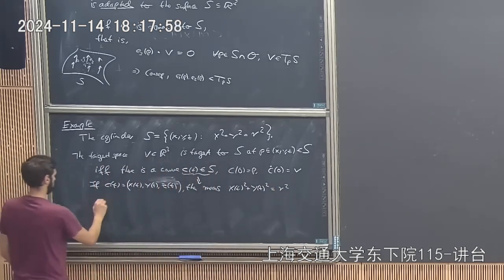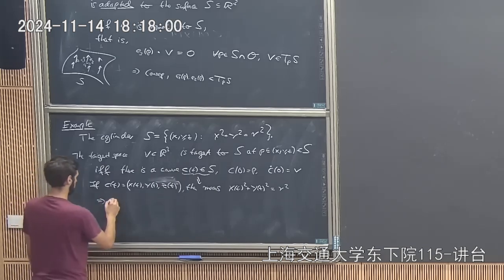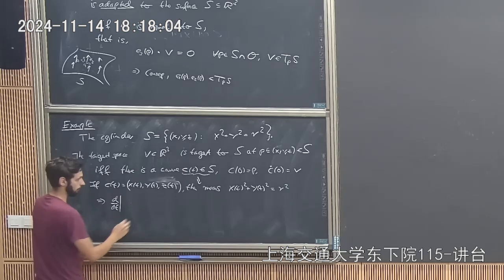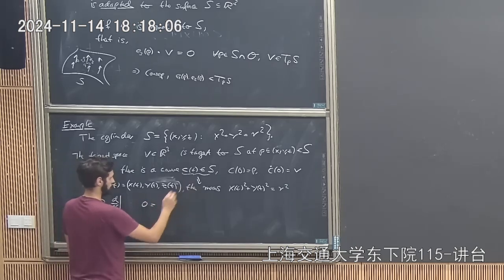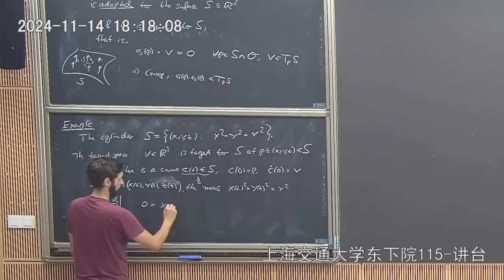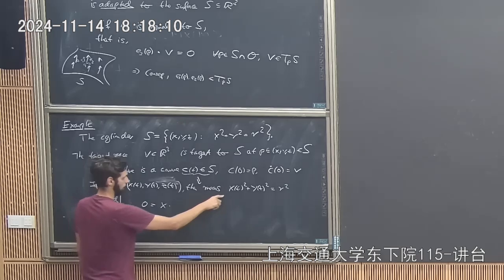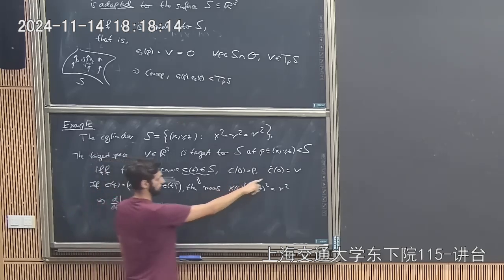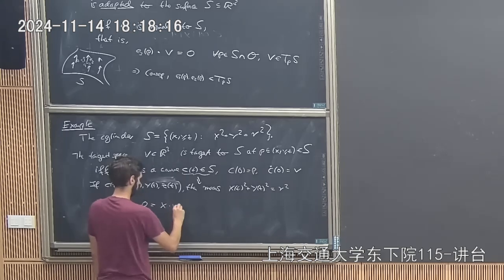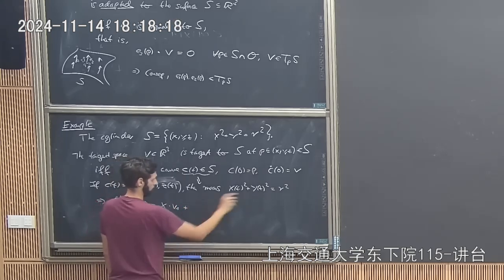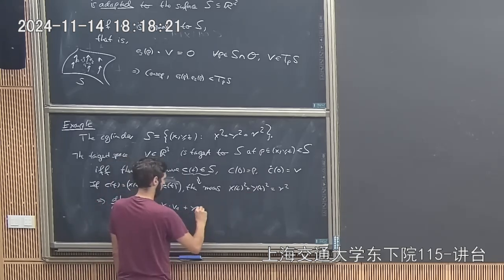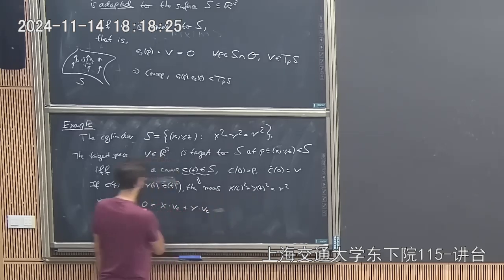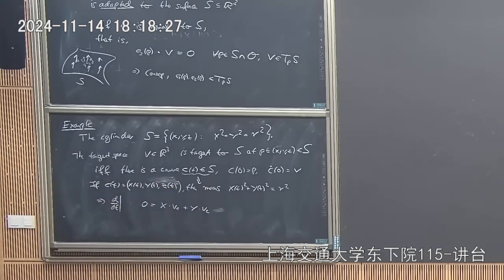If you take the derivative d/dt of this, we get 0 equals x of t times the derivative of x at 0, which is just v1, so x v1, plus the same thing here, y times v2. And that has to be 0, because r is constant.